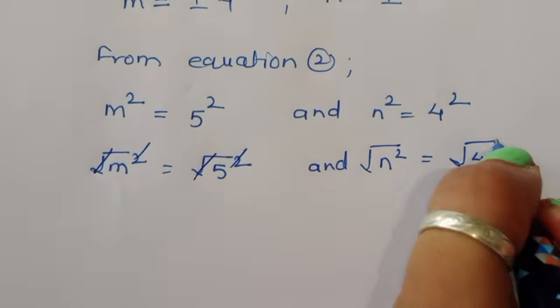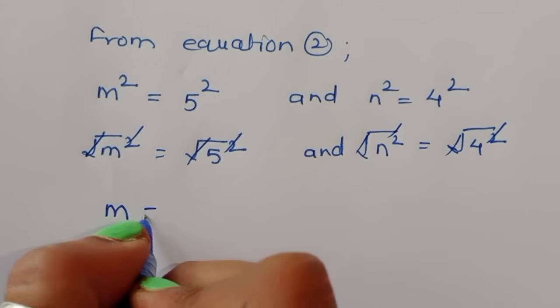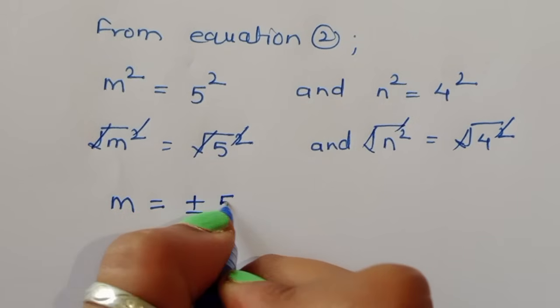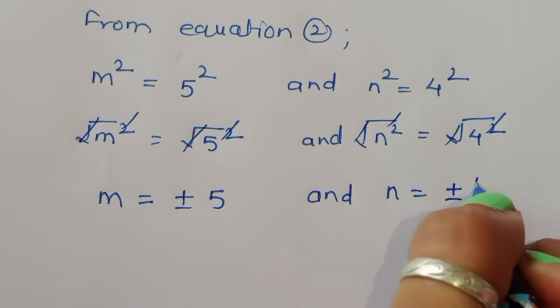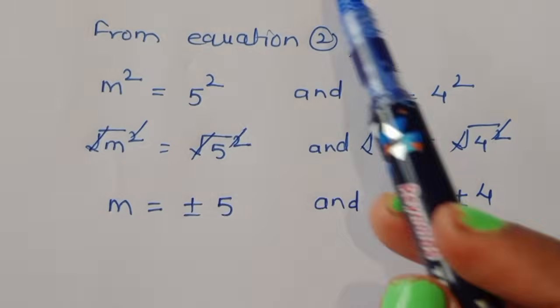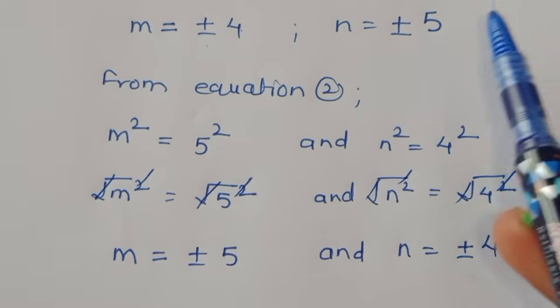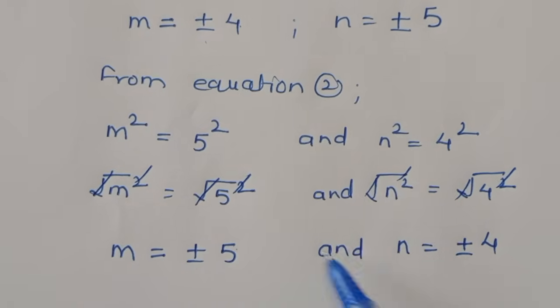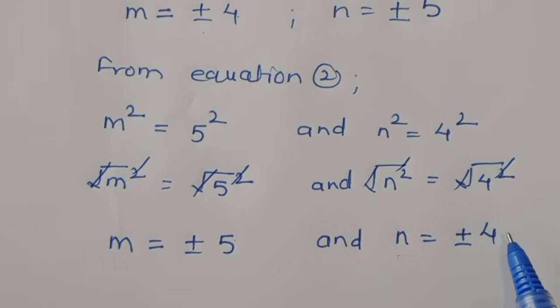So we get m equal to plus minus 5 and n equal to plus minus 4. So you can see m is plus minus 4 and n is plus minus 5 in case 1, and in case 2, m is plus minus 5 and n is plus minus 4. In this way we got the values of m and n.